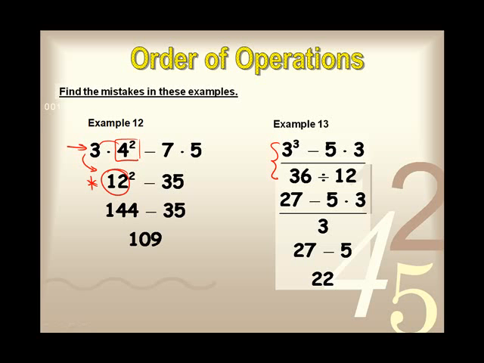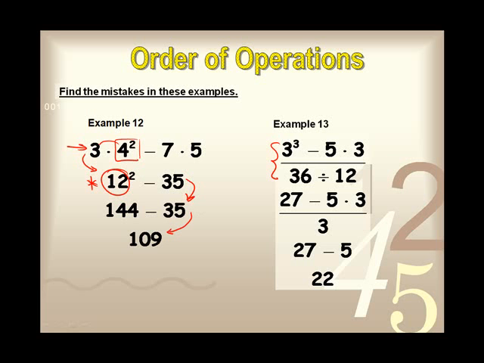Okay, so now to continue with this game, did they make a mistake from this line of work to that line of work? No, they didn't, because 12 squared is 144, and they kept the 35. So that line of work is fine. So far they just made one mistake. Then did they make a mistake from this last line of work to where they wrote down their answer?